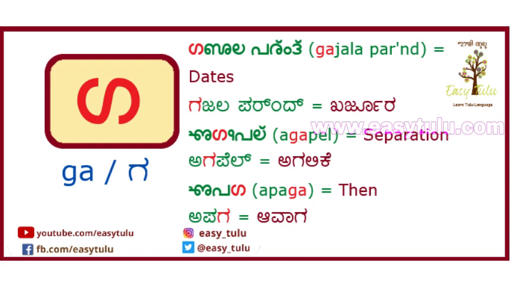Agapelu means separation. Agalike in Kannada. Apaga. Apaga means then. Avaga in Kannada. Let us see how it is written.